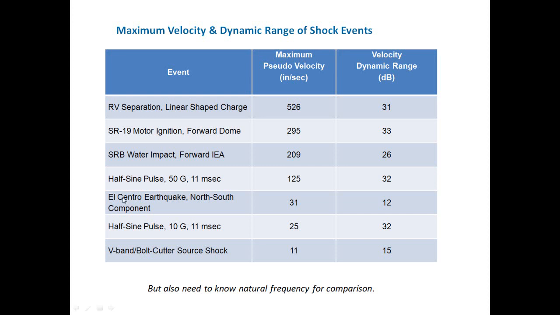And then dropping down, the El Centro earthquake north-south component was 31 inches per second. The half sine pulse for 10G 11 millisecond was 25 inches per second. And the V-band bolt cutter source shock was 11 inches per second. So in terms of an avionics box, of course, we can kind of cross out the earthquake.